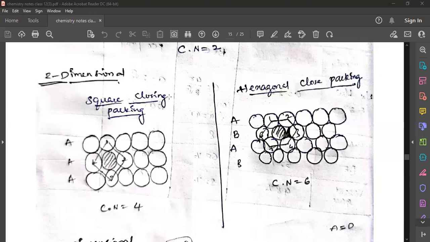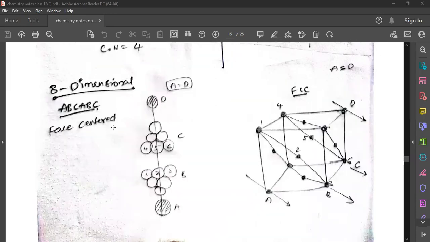And hexagonal close packing? 6. Coordination number will be 6 in the case of hexagonal close packing.